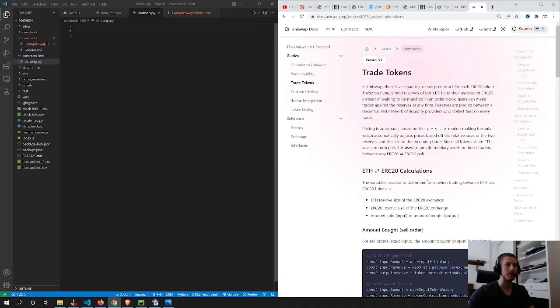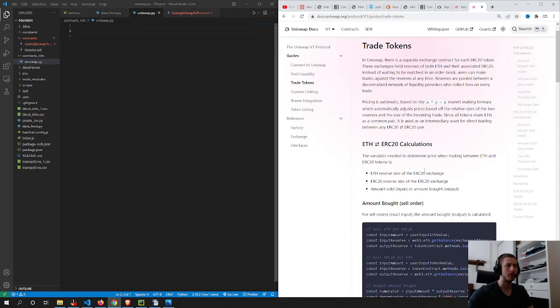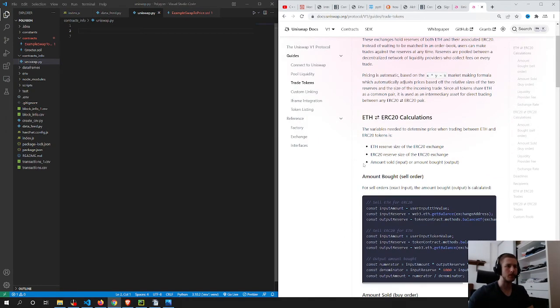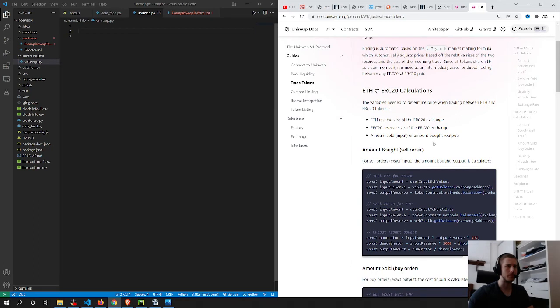The variables needed to determine price when trading between ETH and ERC20 tokens are: ETH reserve size of the ERC20 exchange, ERC20 reserve size of the ERC20 exchange, amount sold (input) or amount bought (output).